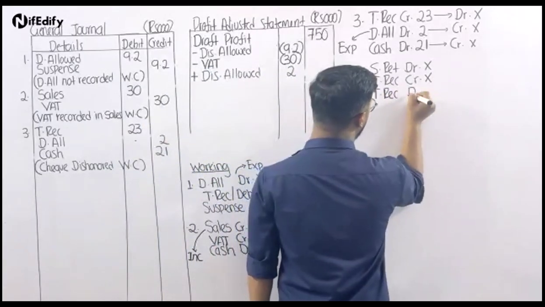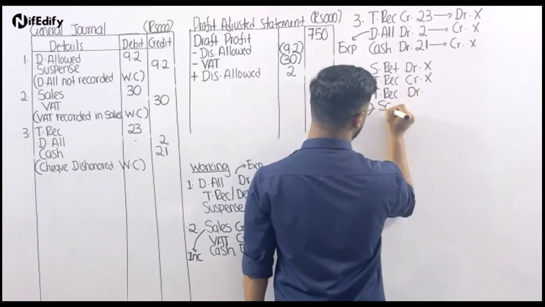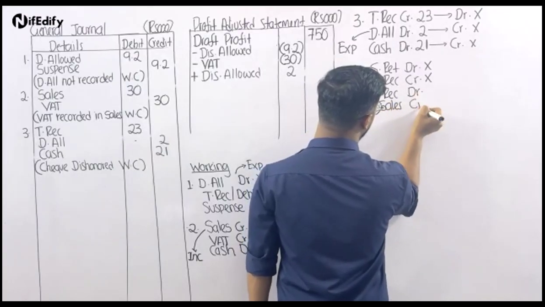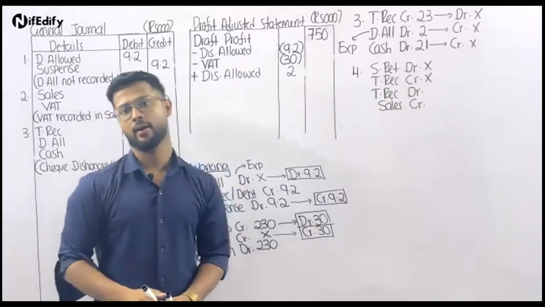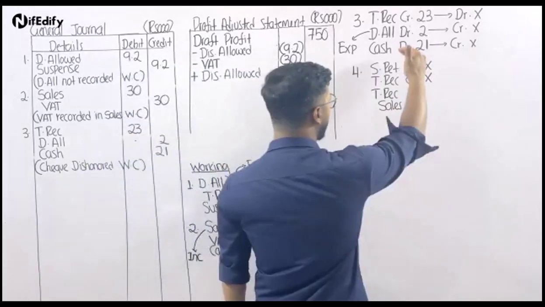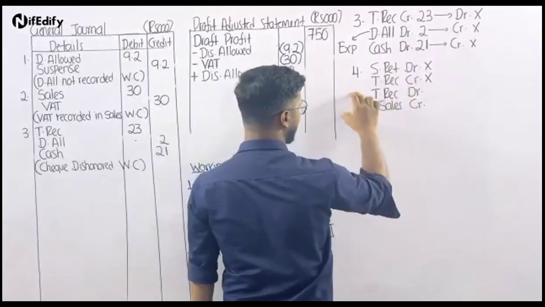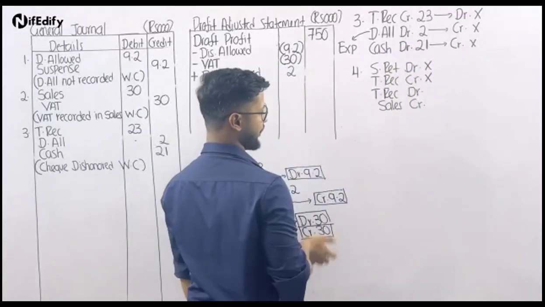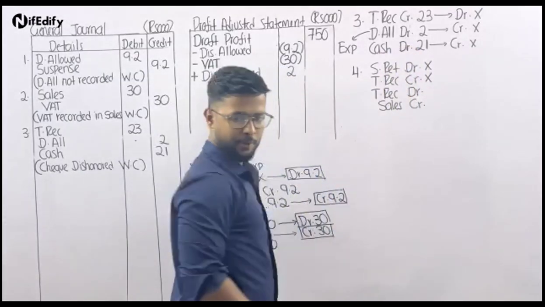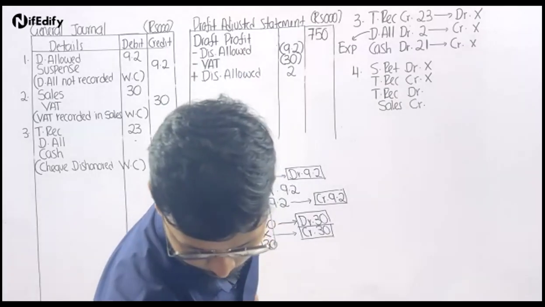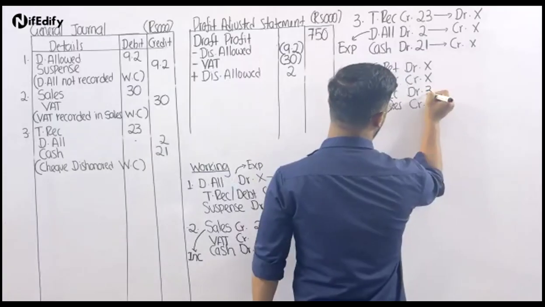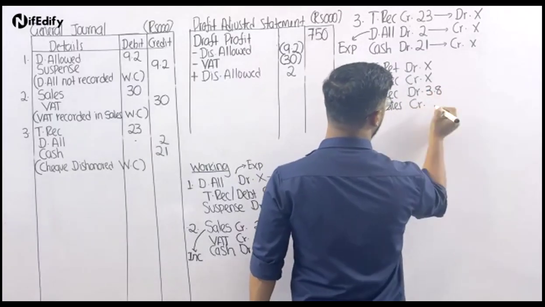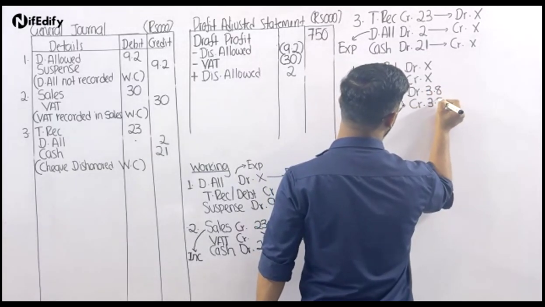Trade receivable account debit, sales account credit. So now something that must be recorded as sales return is recorded as credit sales. How much? I hope it is 3,800, right? So in the trade receivable account you debited 3,800 and in the sales account you credited 3,800.